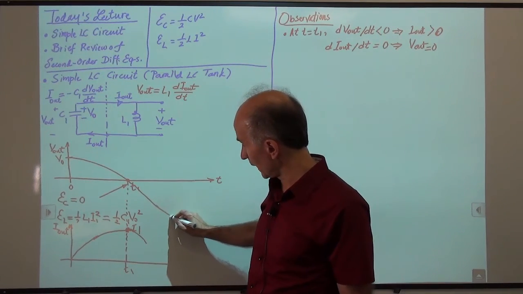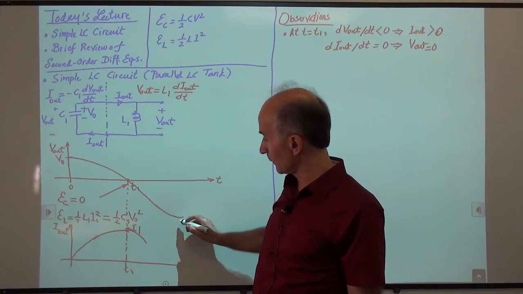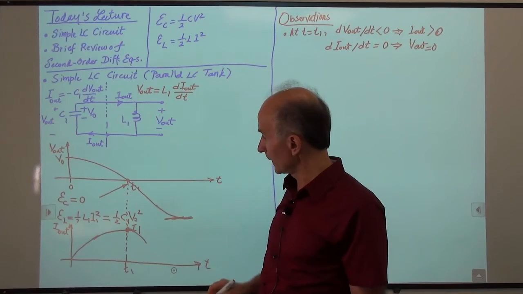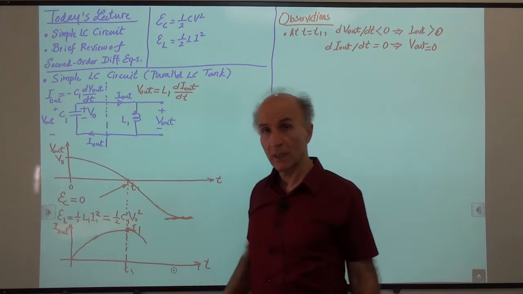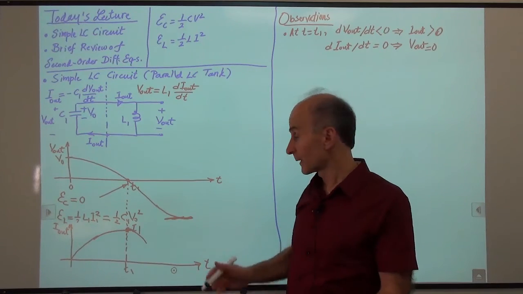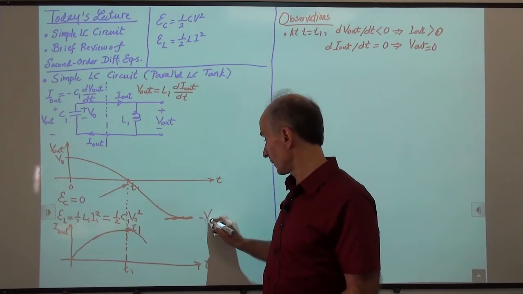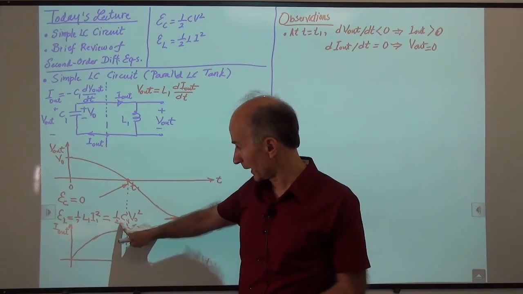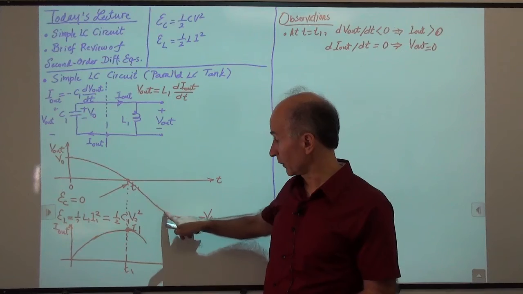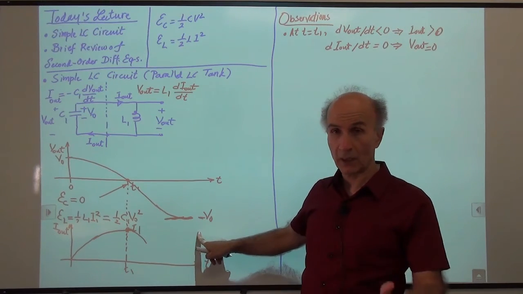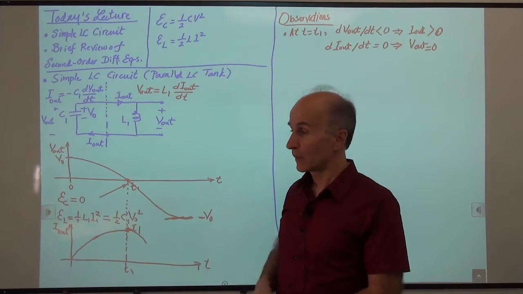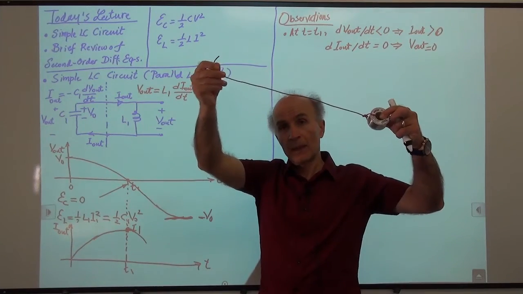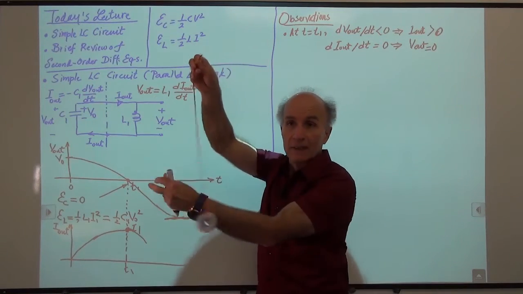And this continues up to some point, and there's a point beyond which we cannot go. Why? Well, at some point, the voltage on the capacitor will reach minus V0. And at that point, the energy on the capacitor is still 1/2 C V0 squared, right? So it cannot go any lower because the energy in the capacitor would need to be higher for that. So now we have reached the other end of the swing, right? Now the pendulum swings and reaches this end over here.